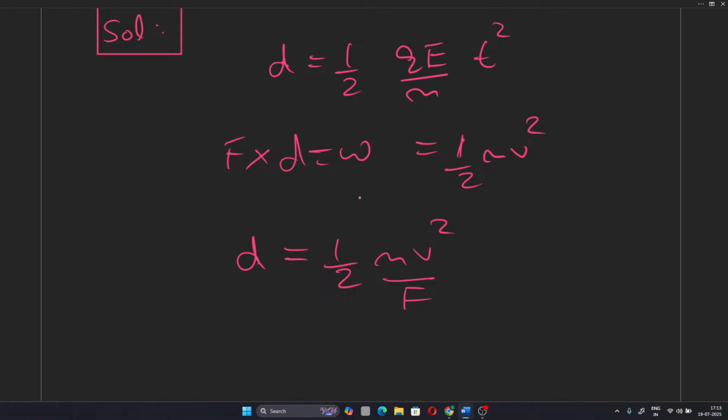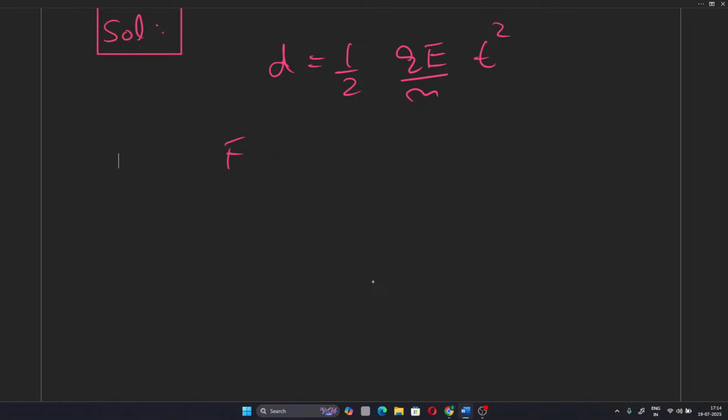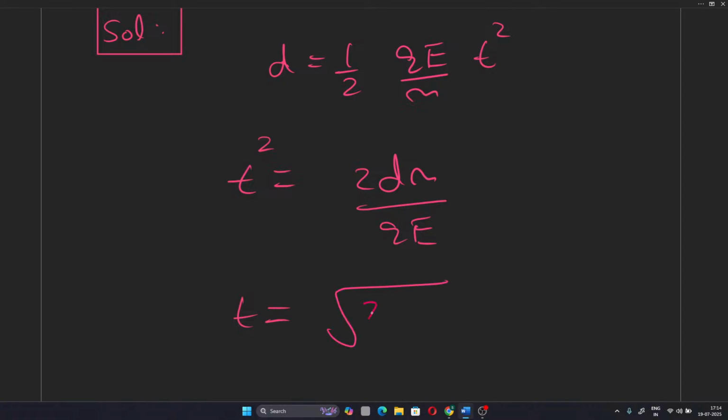But there is no time here, but basically that is the formula, and based on this formula we do not want to find the distance, but we want to find the time taken. So t square equals 2dm by qe, and t equals root of 2dm by qe.